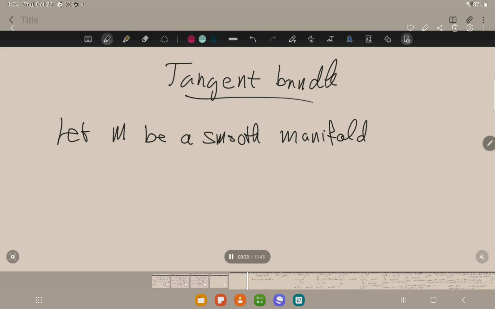By the way, Lagrangian mechanics will be formulated on this tangent bundle.